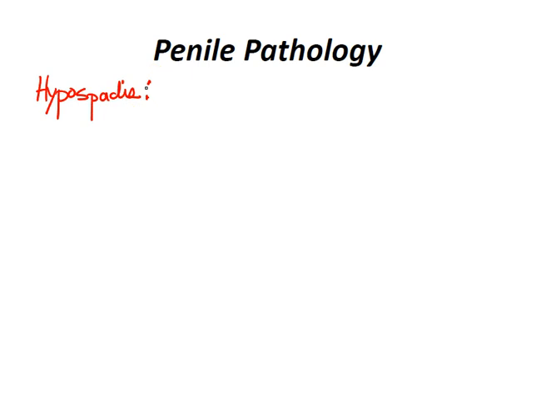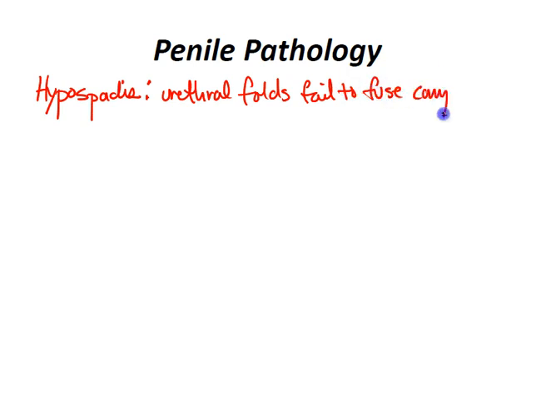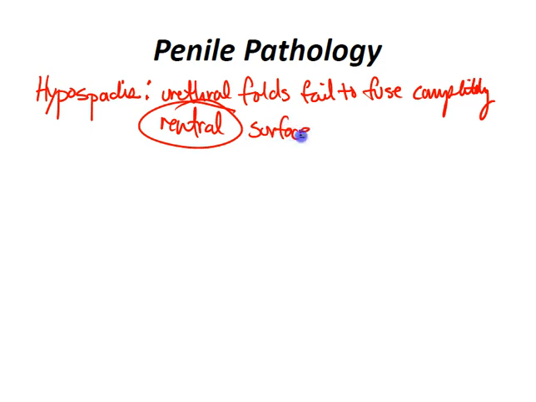The urethral folds fail to fuse completely, and that causes the external urethral orifice to open on the ventral surface. Make sure you heard that. Because the urethral folds fail to fuse completely, you get an external urethral orifice that opens on the ventral surface of the penis.